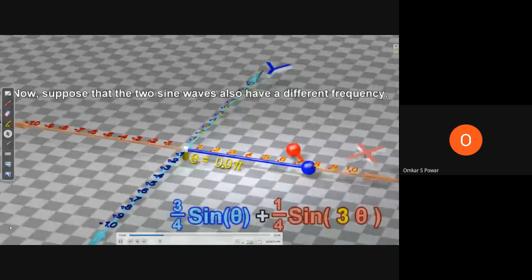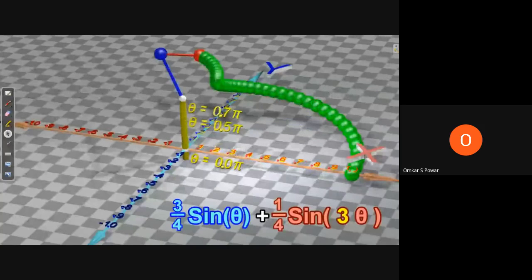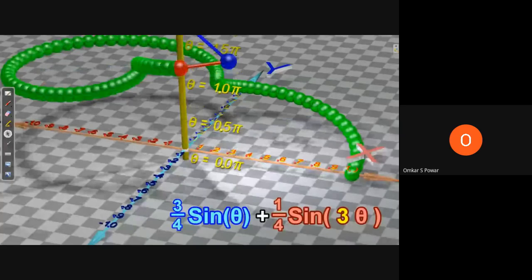So let us consider when we add two sine waves together, let them have a different frequency. There is a delay because it's an animation video. You can't play it in Google Classroom properly.